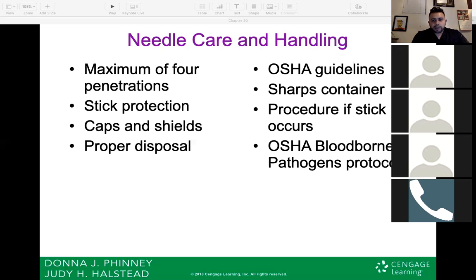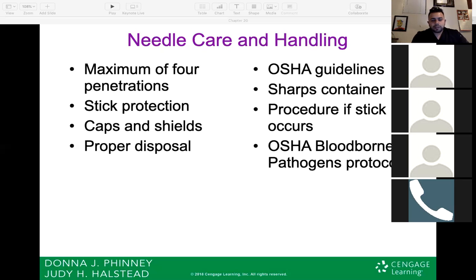So as soon as we dismiss a patient and it's time to go back to our room to flip it or clean it, we want to make sure we disengage that needle and throw it into the sharps container per OSHA guidelines immediately. Don't wait until that needle gets to the back sterilization area, because that's usually where needle sticks occur when people are quickly trying to sterilize instruments.